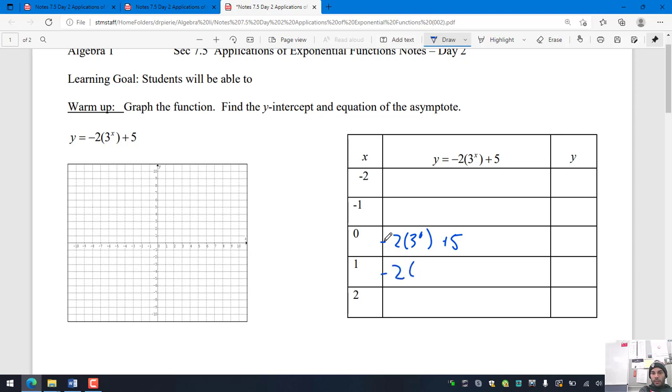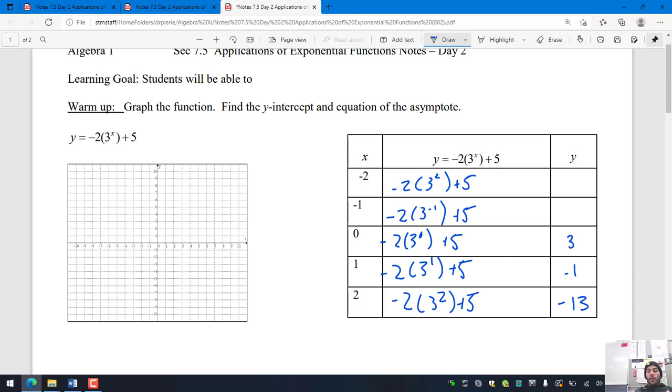You'd plug in 1, negative 2 times 3 to the first power plus 5, negative 2 times 3 to the second power plus 5, and then get some points on the negative side as well. Negative 2 times 3 to the negative first plus 5, and then negative 2 times 3 to the second plus 5. The graphing calculator will do this pretty efficiently for you. You should get something like negative 13 right here, negative 1 right here, and I believe this is 3 right here.